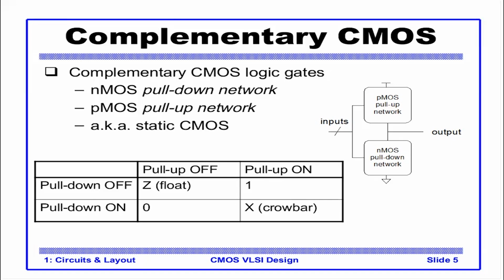Now also notice one thing, that in the steady state, that is whenever the inputs are not switching, the circuit will draw almost negligible current. If it is connected to VDD, the on resistance of a transistor is quite low, so it is drawing a very negligible amount of current from VDD.